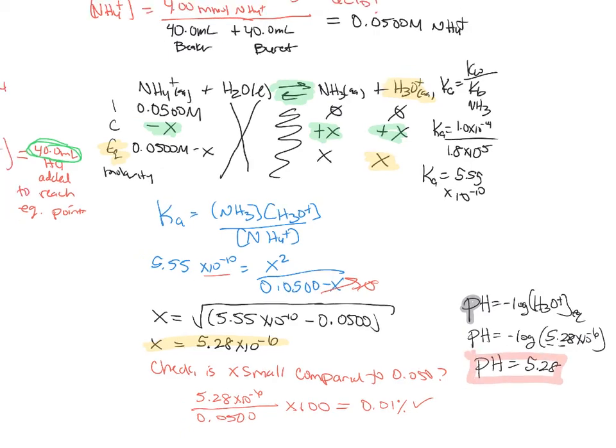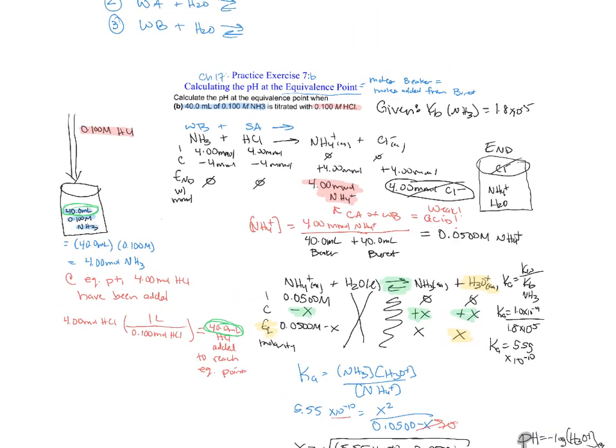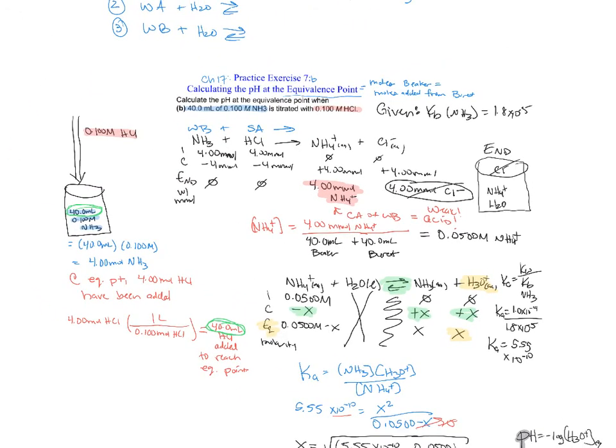So just a quick recap of this problem. We're told we're at the equivalence point. So I know that means the moles in my beaker equal the moles added from the burette. I was given a volume and molarity of ammonia. So I multiplied to get my millimoles of ammonia. And I know the definition at the equivalence point, I have the same number of millimoles of HCl.